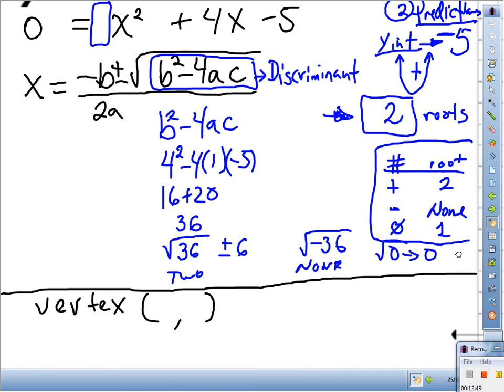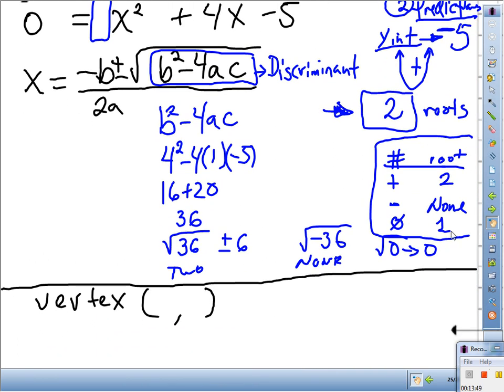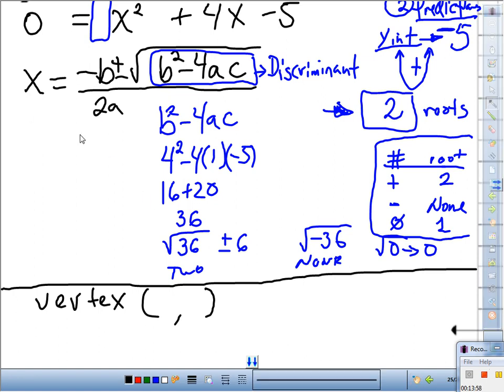So watch. Writing utensils down, look up to the screen. Here it goes. To find the x value of the vertex, I'm going to use another part of the quadratic formula. But I'm going to use this part right here.